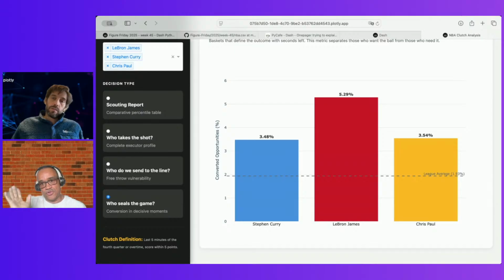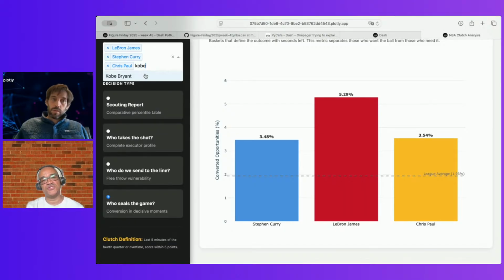Obviously, at the end of the day, the numbers give LeBron as someone who wants this type of opportunity.